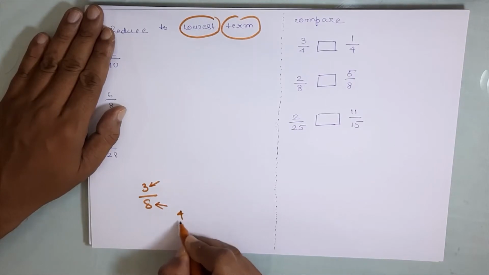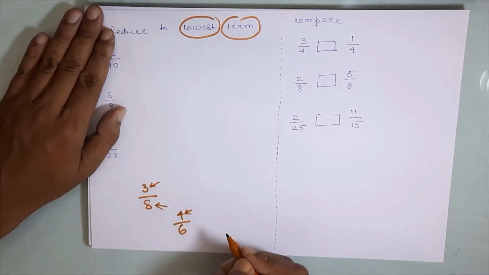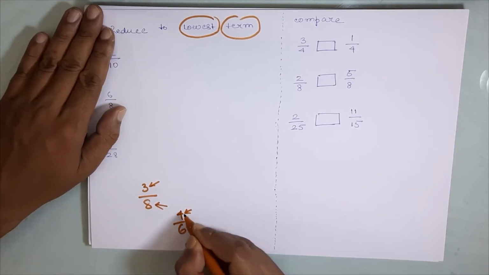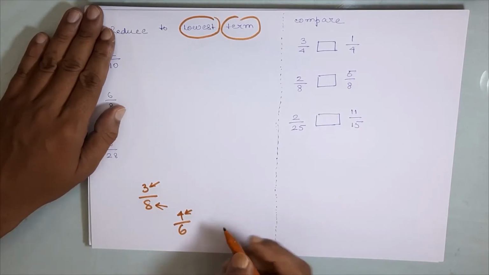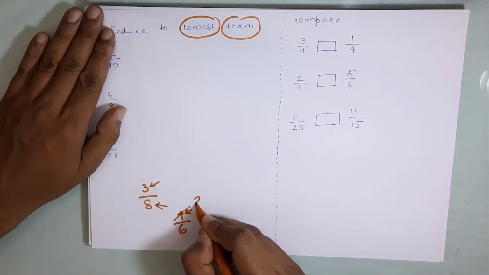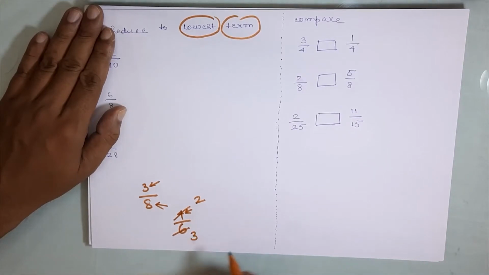Whereas 4 by 6 is not in its lowest terms. For example, 4 can be divided by 2 and 6 can also be divided by 2. Here the numerator and denominator both have a common factor, which is 2. So if I divide 4 by 2, we get 2. If I divide 6 by 2, we get 3.